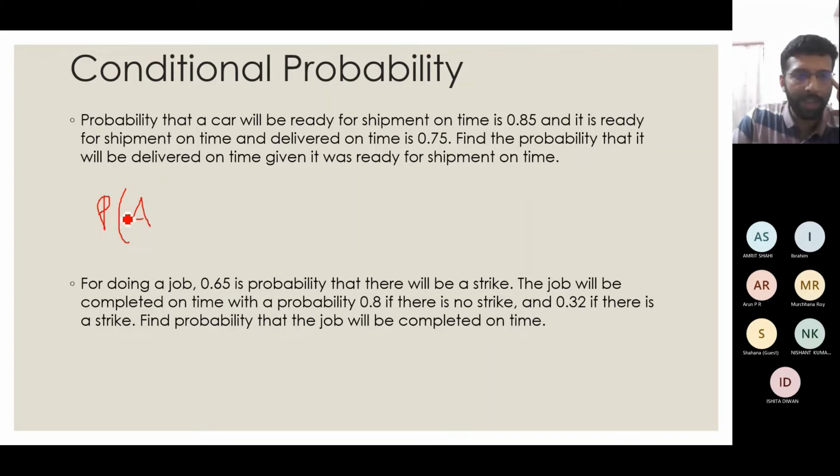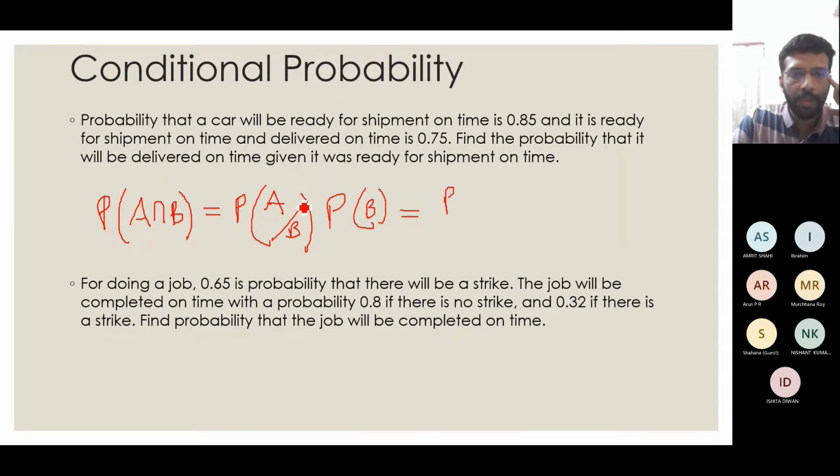We saw that the probability of A intersection B is equal to probability of A given B into probability of B, or probability of B given A into probability of A. So we saw these equations in the previous class.